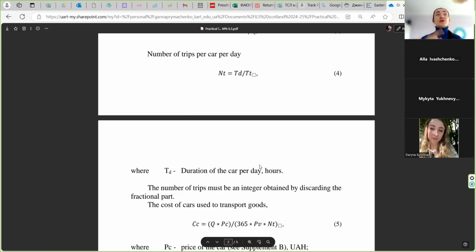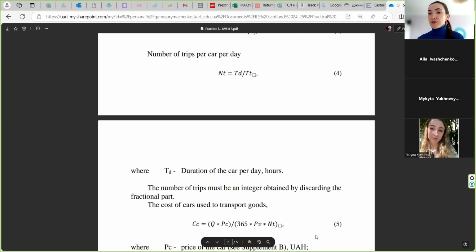If you have, for example, 0.5, we round to zero trips, so we can't deliver our cargo. If you have, for example, 2.1 trips, you also discard the fraction part and have two trips.